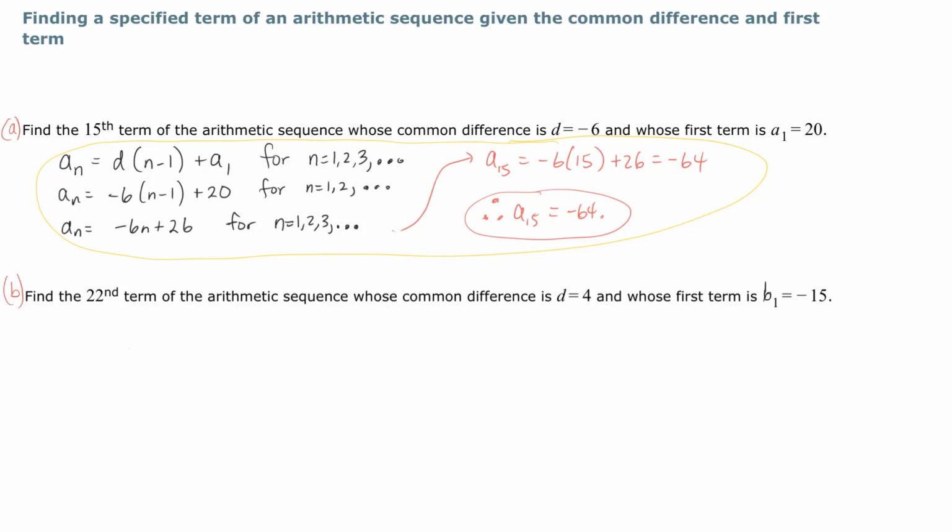You might want to write b sub n though. So write the general formula. B sub n is equal to d times n minus 1 plus b sub 1. And always indicate the domain for n equals 1, 2, dot, dot, dot. Go ahead and substitute.